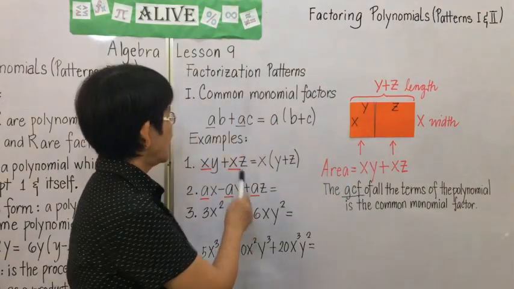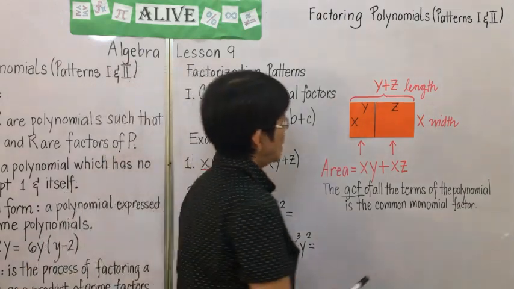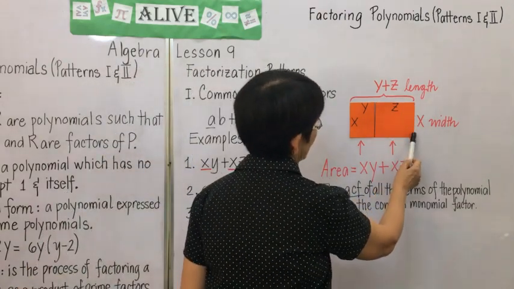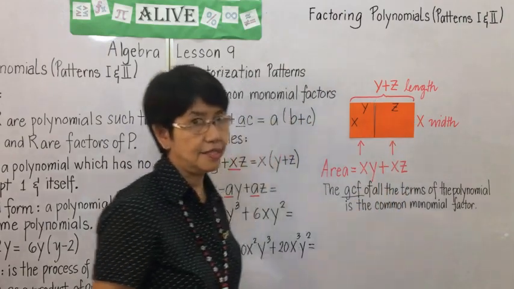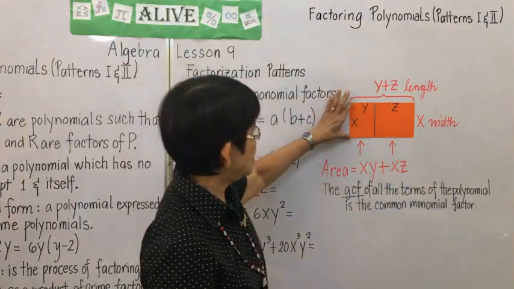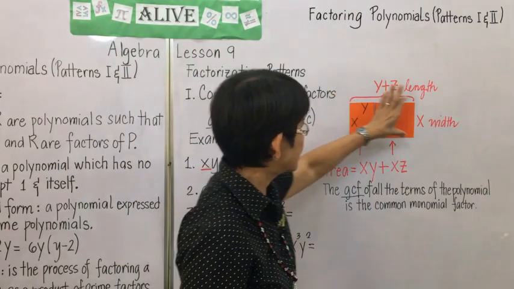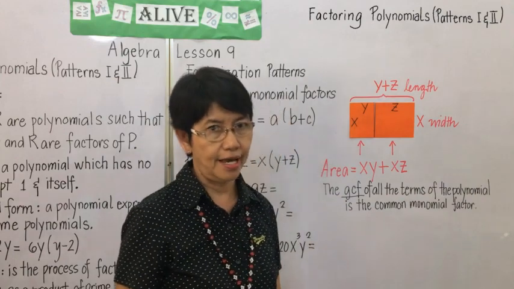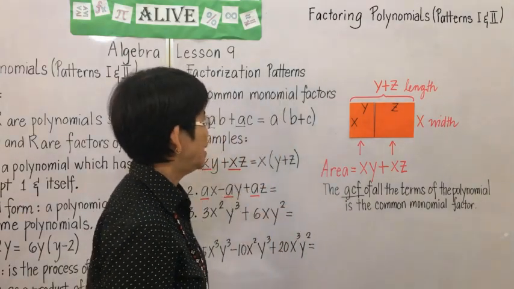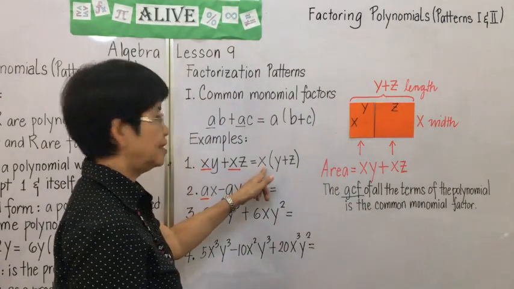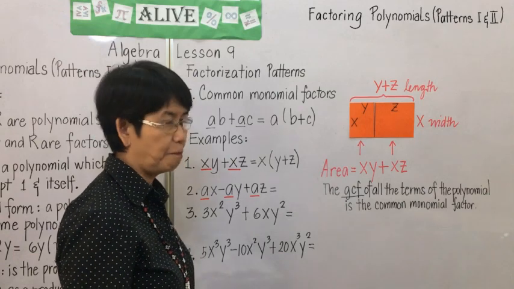And then xz is another area or another rectangle where one side is x and the other side is z. So you see that there is a common side which is x. Here there is an x, and here there is another x. So that is the common monomial. Then take out the common monomial, you have x. What will be left is y plus z.